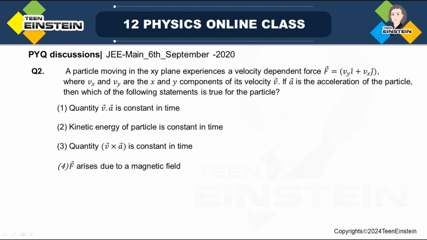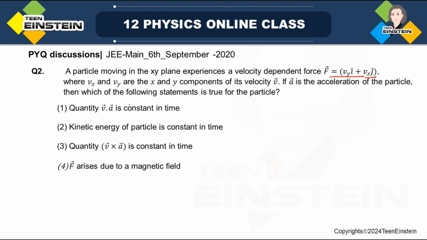Okay, so this problem says a particle is moving in xy plane, experiences a velocity dependent force, and this is given here, where vx vy are the x and y component of the velocity. A is the acceleration of the particle.